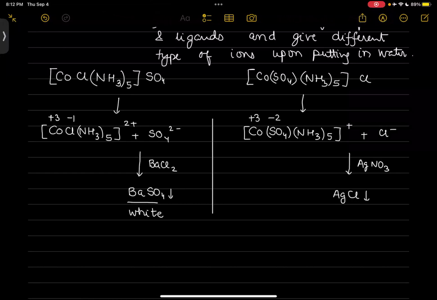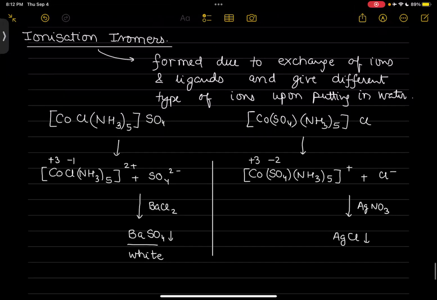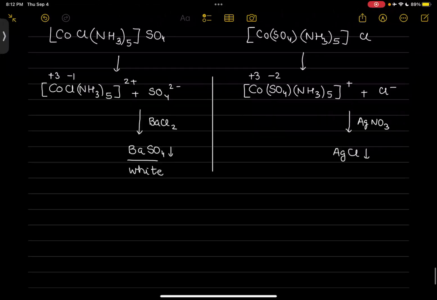Barium chloride is going to precipitate the sulfate, and silver nitrate is going to give a precipitate with the chloride. I hope this is clear to all of you. These are ionization isomers.